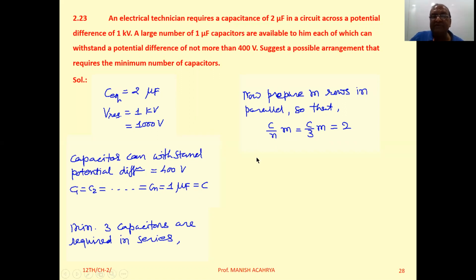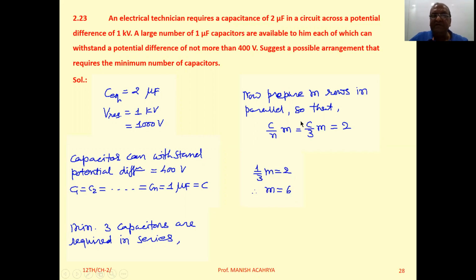So the resultant capacitance is C by n into m. But n is 3 because in one row we connected 3 capacitors. So we can write C by 3 into m, that is equal to 2 because we require 2.